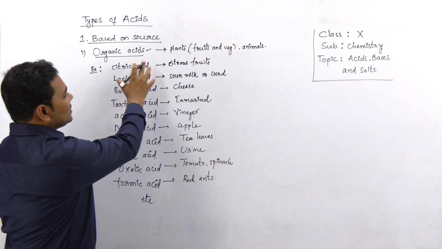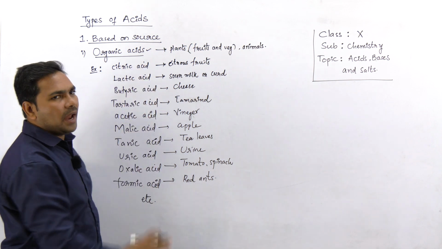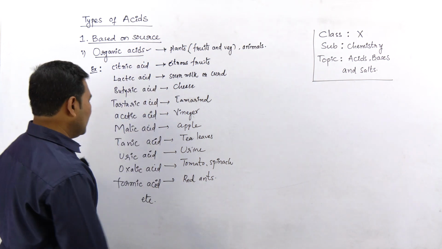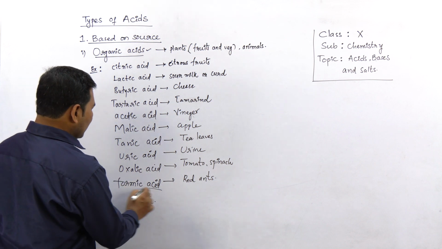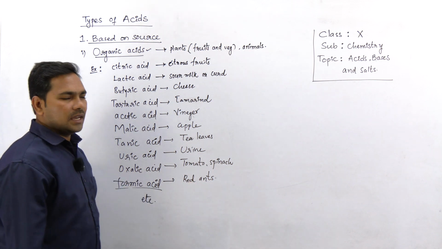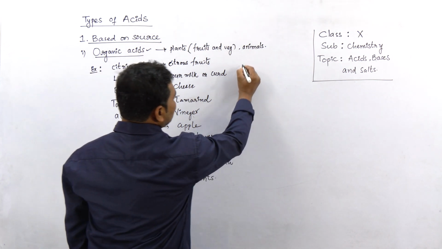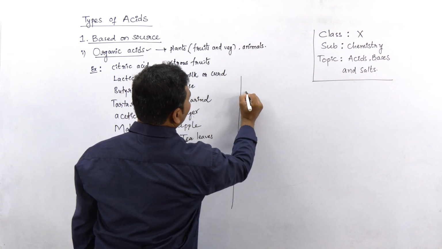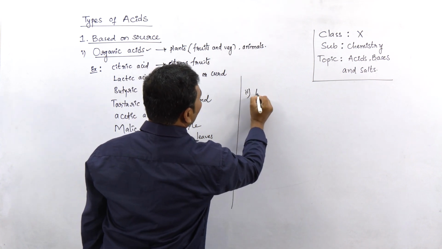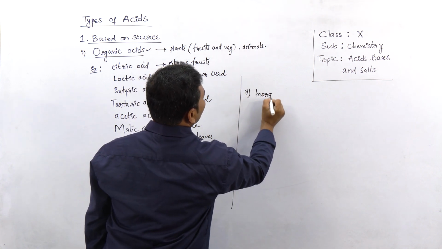These acids are obtained only from plant or animal sources, like formic acid, which is produced from red ants. Next, the second category is inorganic acids.